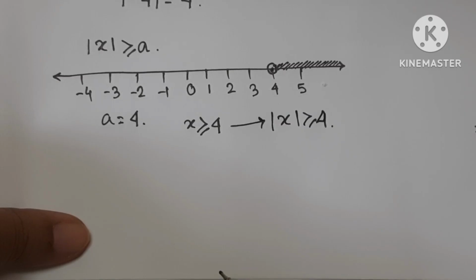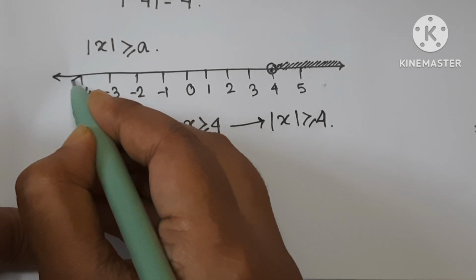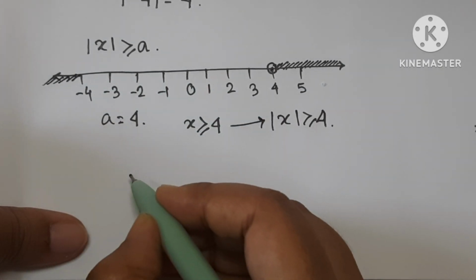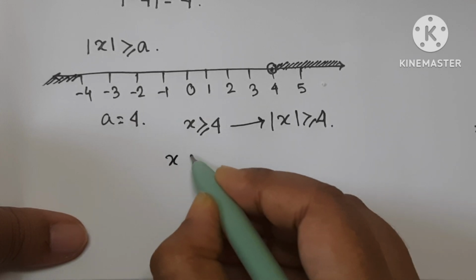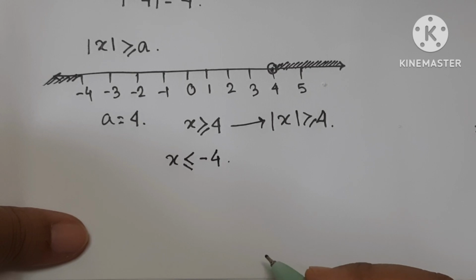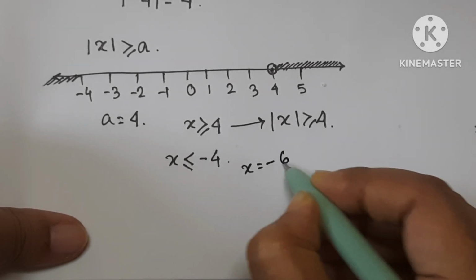Is there any other region? Yes, it is. See this region, the region less than minus 4, x, when x is less than or equal to minus 4. Take an example, x equal to minus 6.